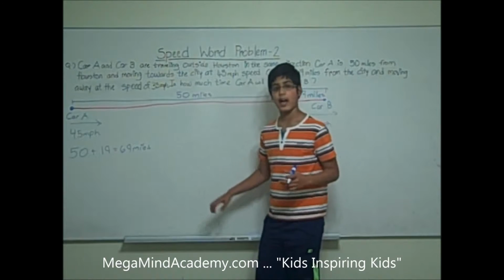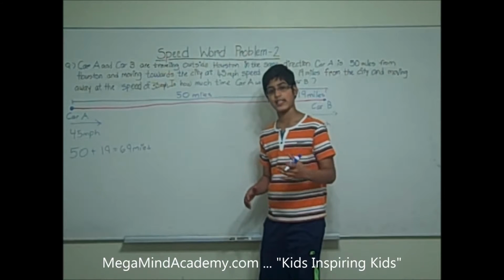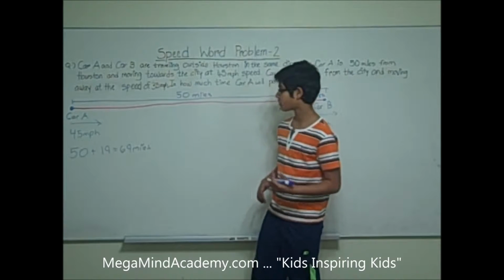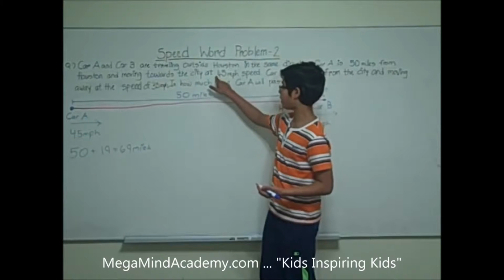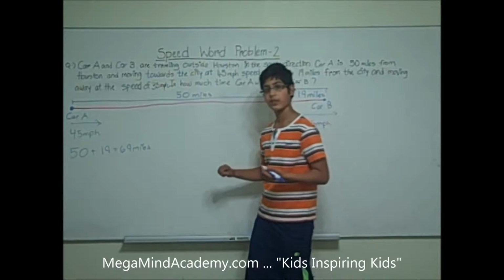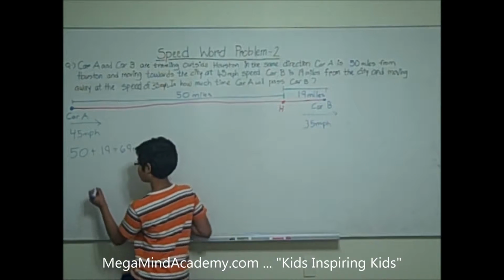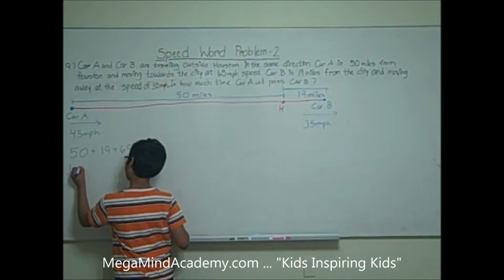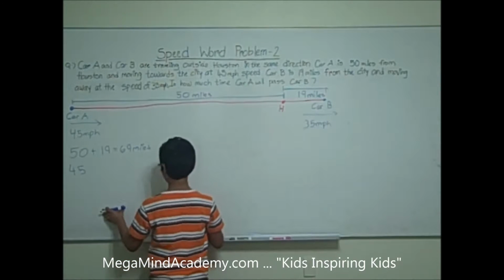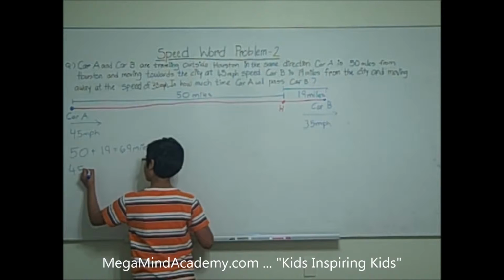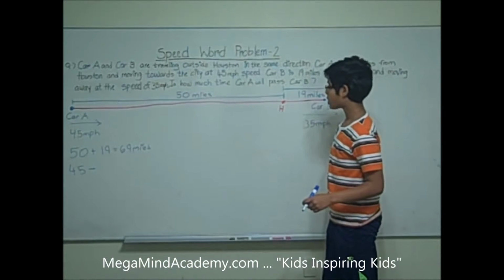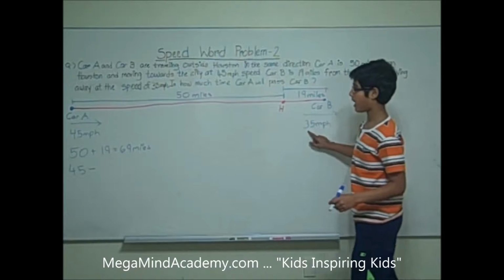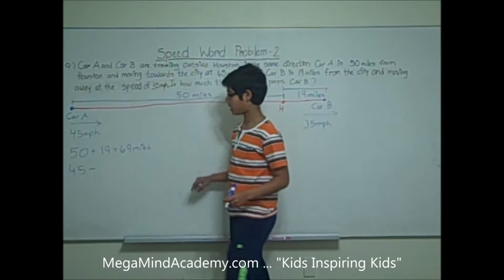Now let's find how much faster car A is than car B. Car A is traveling at the speed of 45 miles per hour. So 45 miles per hour minus the speed at which car B is traveling, which is 35 miles per hour.